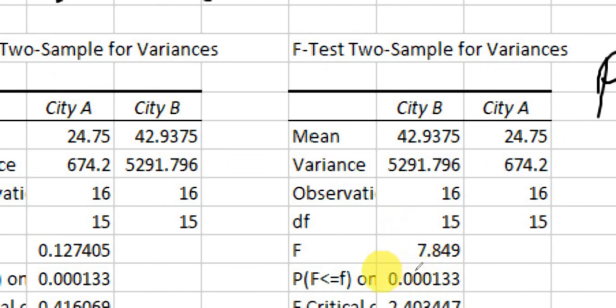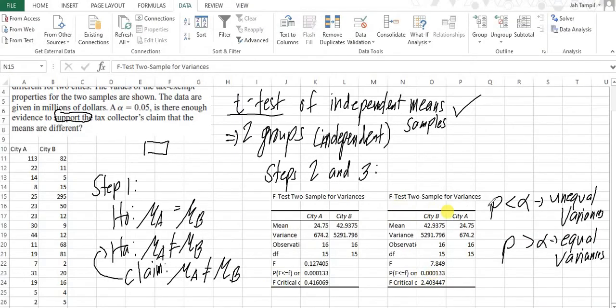As we can see here, our p-value is actually 0.00013. If we're going to round this off to 2 decimal places, this is almost 0. So, since our p-value is almost 0.00, obviously smaller than our alpha of 0.05, then we will use unequal variances. So later on, when we're going to use the t-test, we would need to use unequal variances. And we will see that in the next video.